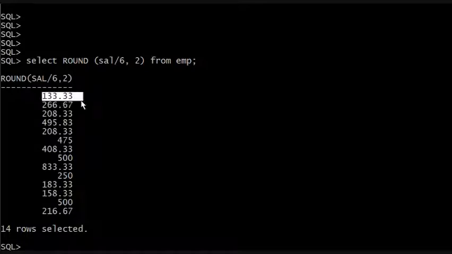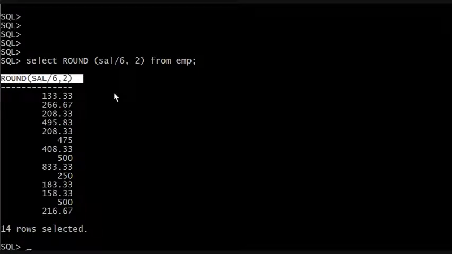There you have it. Instead of 266.666666 repeating, it becomes 266.67. And you know how to do an alias, so we can clean that up if we would like to too, but we're not going to go over that. So that is the round function.